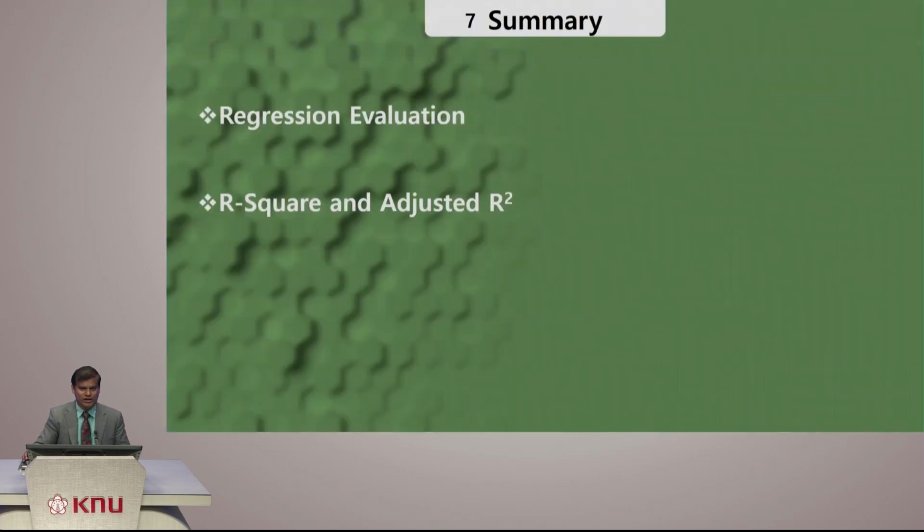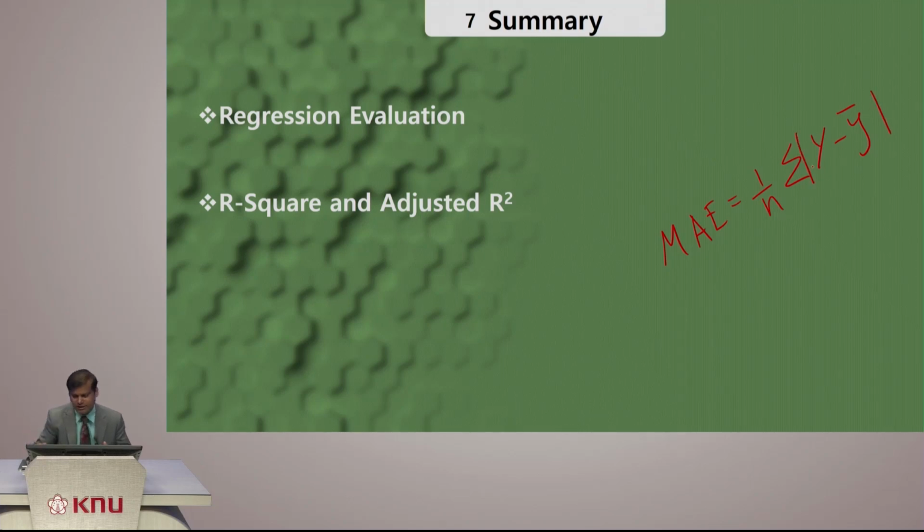So what we saw today is about the regression evaluation methods. Basically we focused on R square and adjusted R square. Of course there are other methods like mean square error and root mean square error, and also at times we have one simple model called mean absolute error, which is very similar to the mean square error, as you can see here, but we take the absolute values.